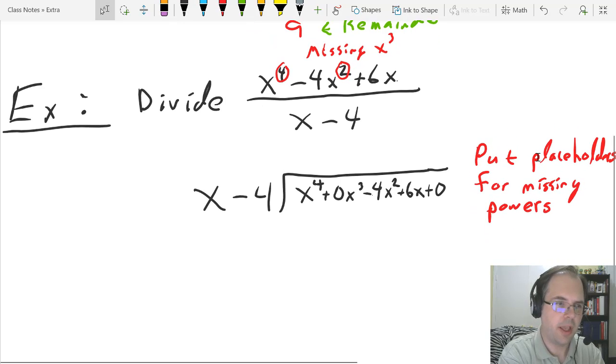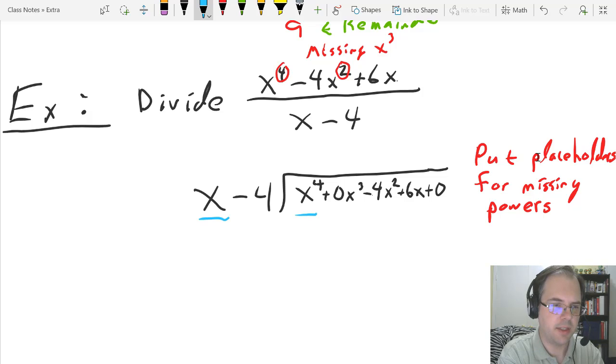Alright, now to do the longhand polynomial division, what we do is we look at the first terms in the divisor and the dividend and ask, what do you have to multiply x to make it x to the 4th? So to multiply x to get x to the 4th, you'd have to multiply by x to the 3rd.